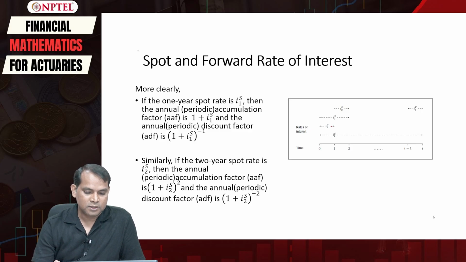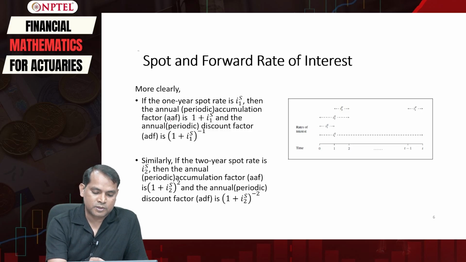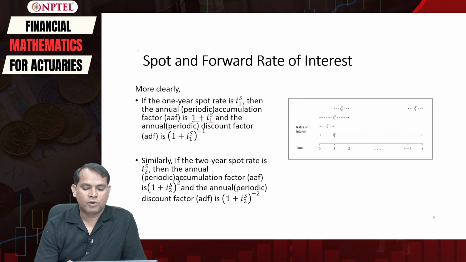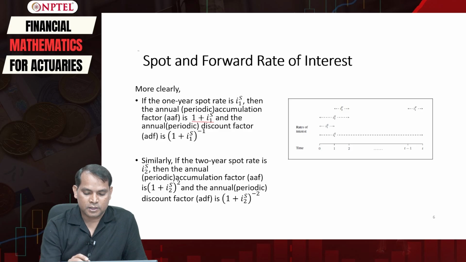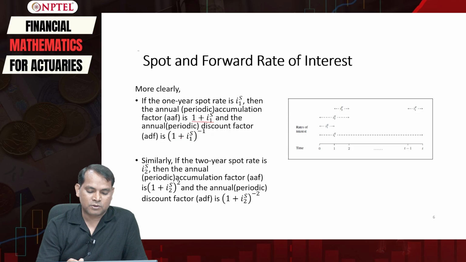More clearly, if the 1-year spot rate is I1S, then the annual periodic accumulation factor, or simply the annual accumulation factor, using the same formula, is 1 plus I1S, and the annual periodic discount factor is 1 upon 1 plus I1S, or simply 1 plus I1S to the power minus 1.